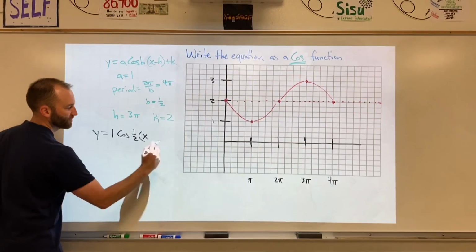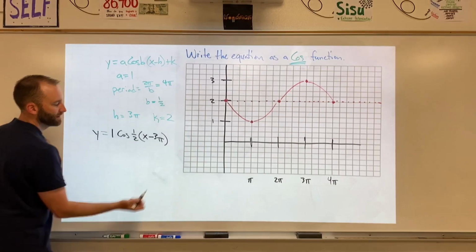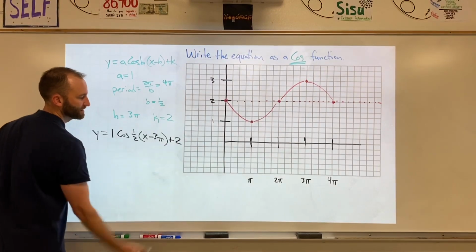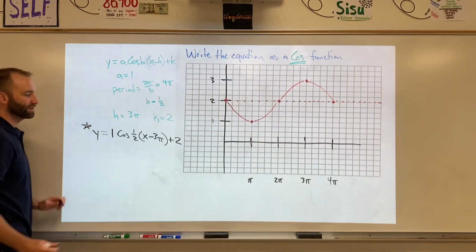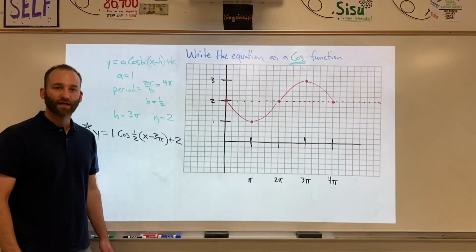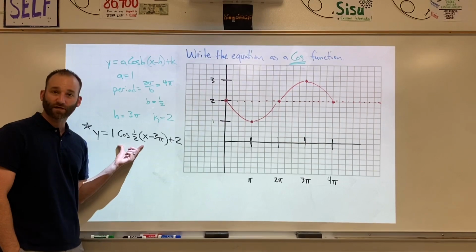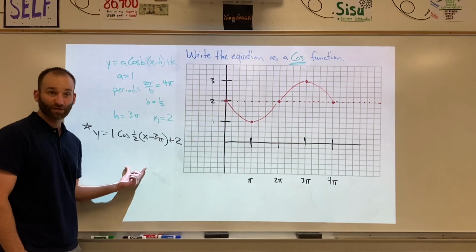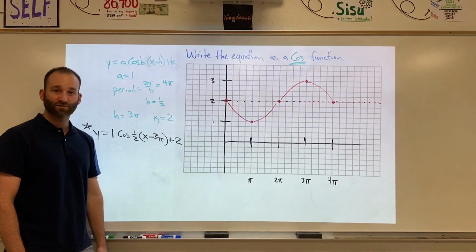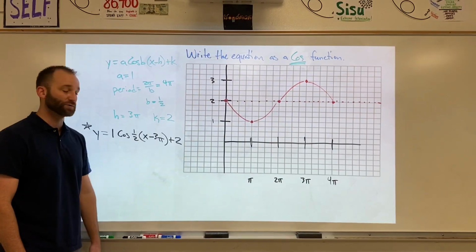I'm shifting to the right 3 pi, and I'm also shifting up a distance of 2. Here is my equation of that. Remember, each question is worth 4 points, and if you could come up with an additional equation or 2 that represents that picture, we'll give you some extra credit, up to 2.